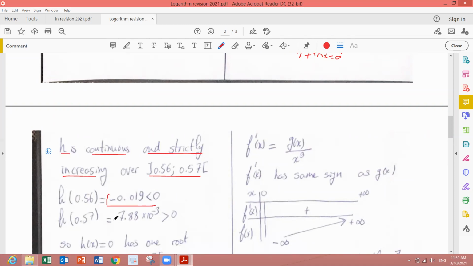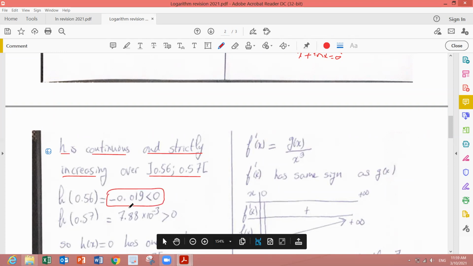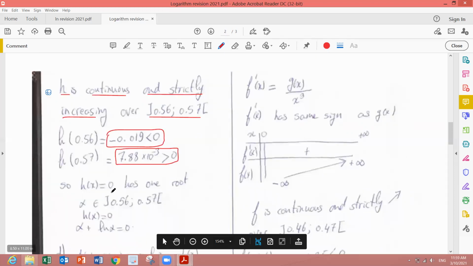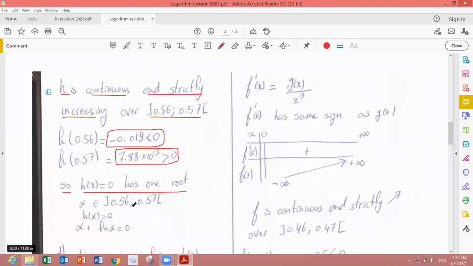H of 0.57 is 7.88 times 10 to the power minus 3, which is positive. One is negative and the other is positive, so h(x) equals 0 has one root alpha, which belongs to 0.56, 0.57. H of alpha equal to 0 means alpha plus ln alpha equal to 0.